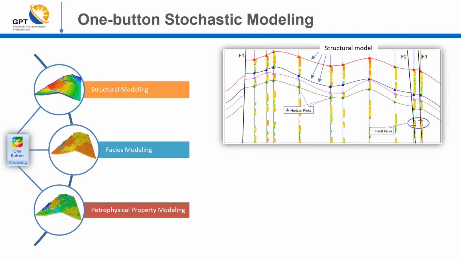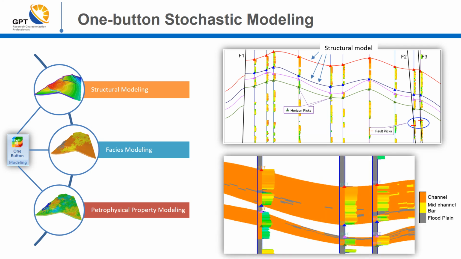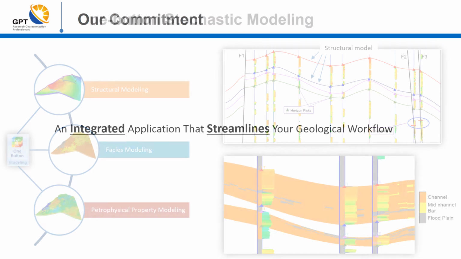Those horizons are actually from models, and you can see they agree with the well picks pretty well. And also, if you take a look at the faults, the fault model agree with the fault picks on the well. And here is a facies section. The facies log is up front, and the facies model is on the background. You can see the agreement is very good.